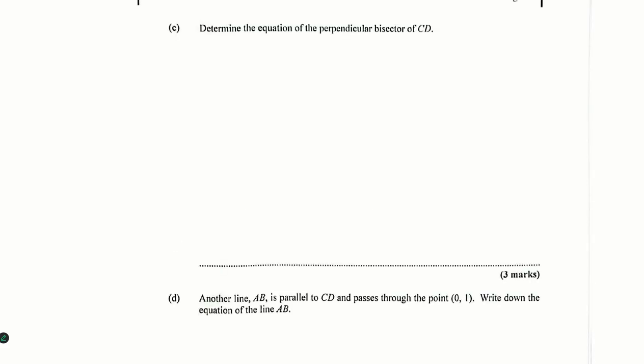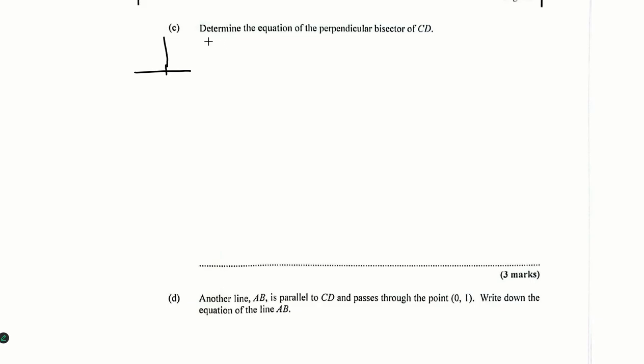Alright, let's read part C. Part C says, determine the equation of the perpendicular bisector. Now, what you need to understand with a perpendicular bisector is that it is 2 lines that intersect at 90 degrees.